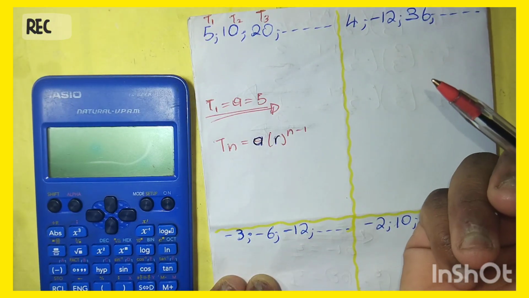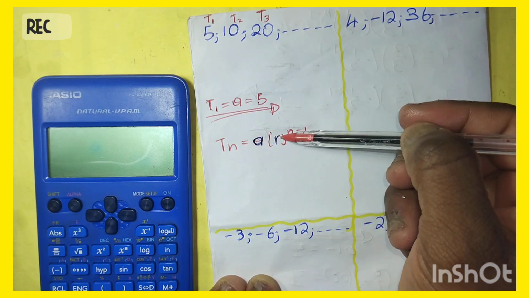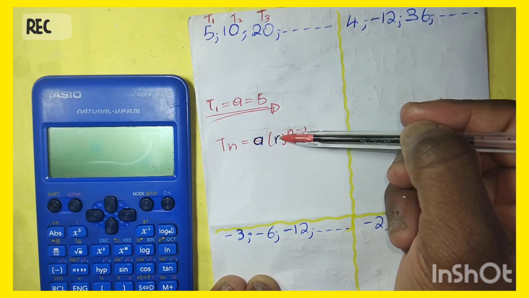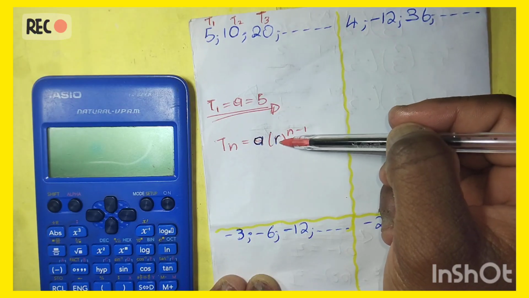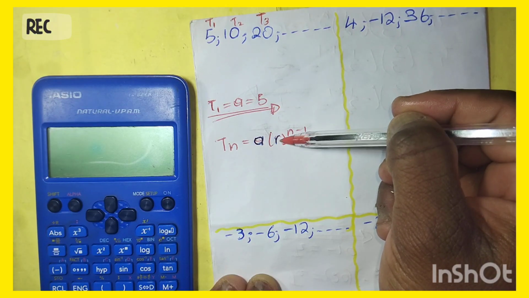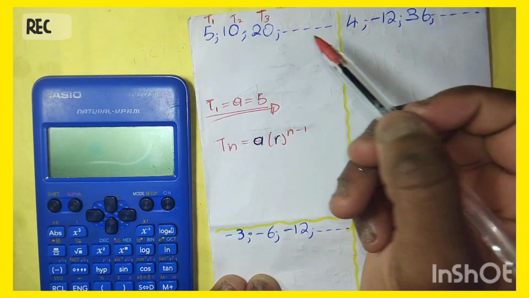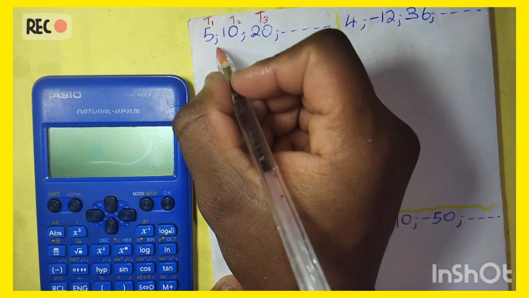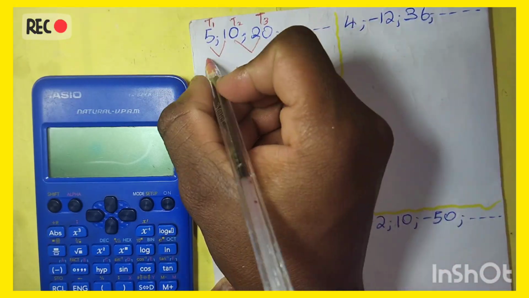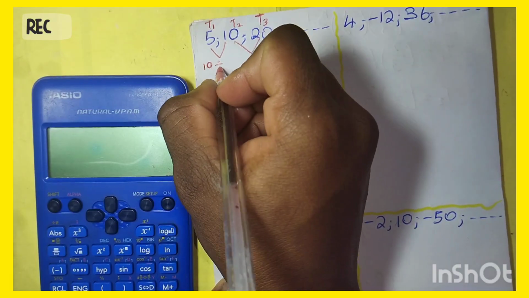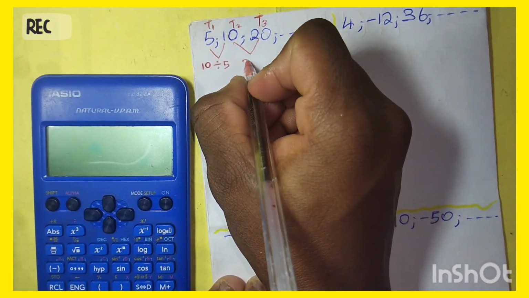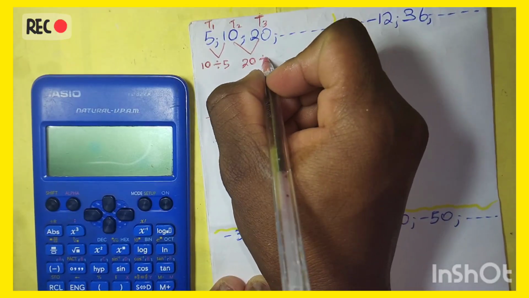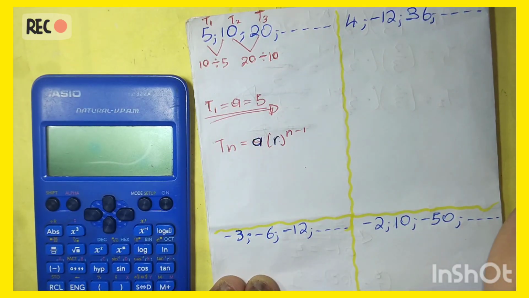Now to find the value for r, r is a constant ratio, and to get it you divide, meaning you just say right divided by left. You can say right divided by left, and the same on this side too, right divided by left. Do you see?